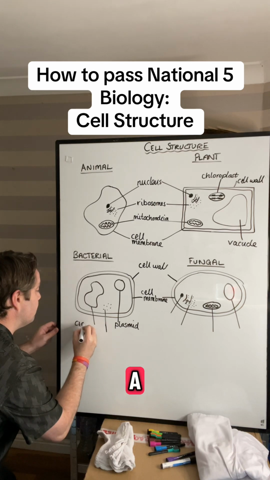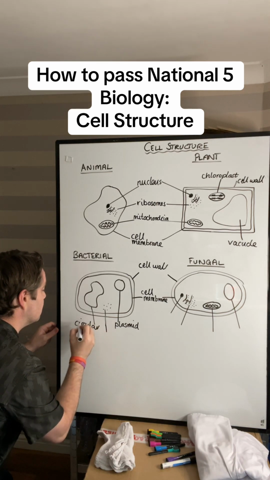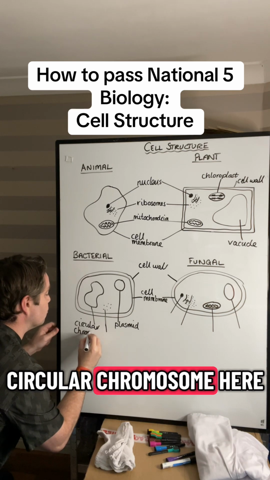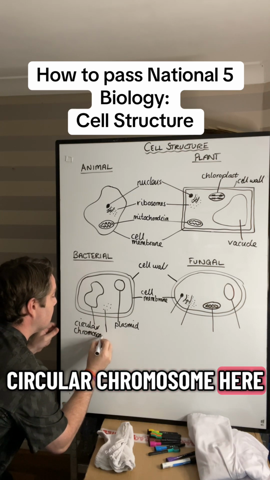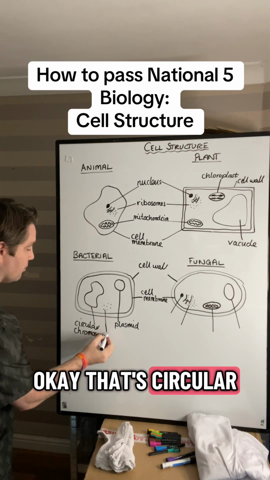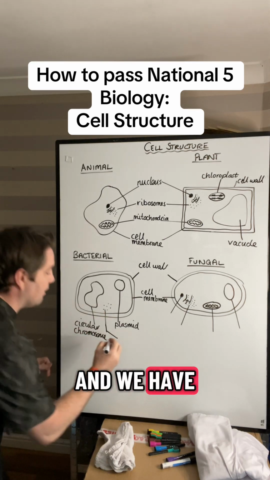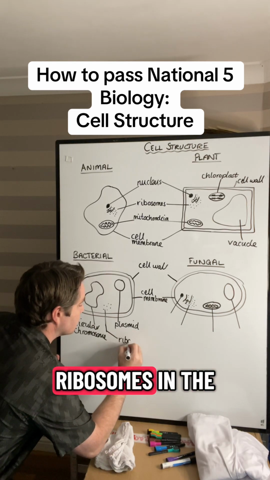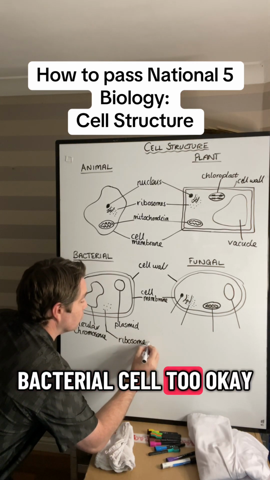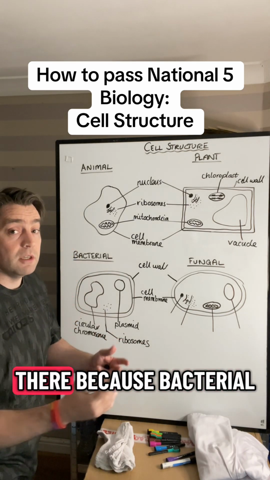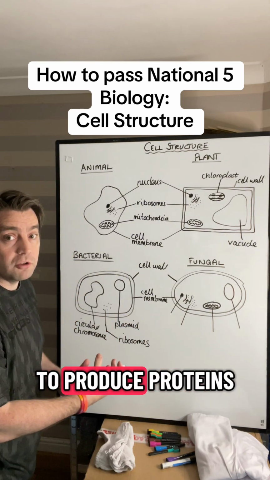We also have a circular chromosome here. And we have ribosomes in the bacterial cell too, because bacterial cells still have to produce proteins.